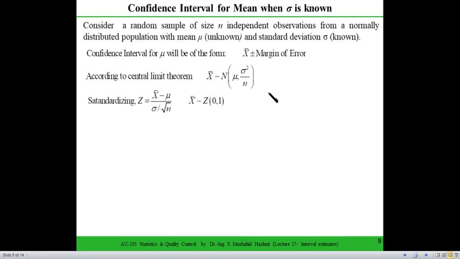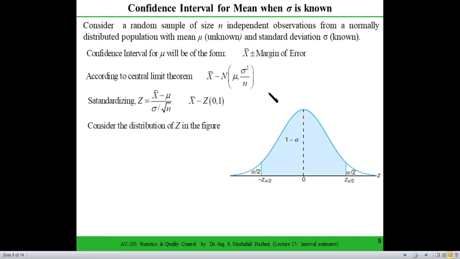Once we do this standardization to turn the x bar variable into the z variable, we can look at the distribution of z.